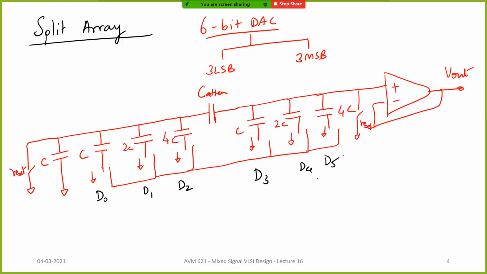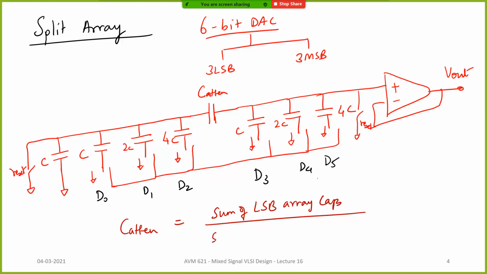Now this attenuation capacitance, let me write C atten, the value is given by the sum of LSB array caps divided by the sum of MSB array caps, into the unit capacitance C.